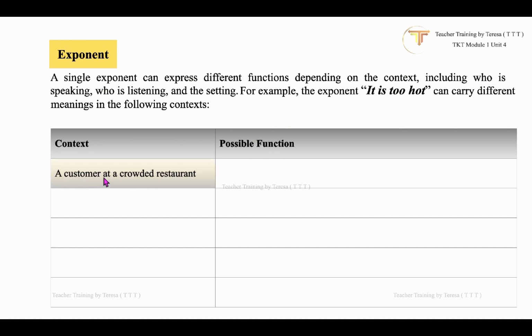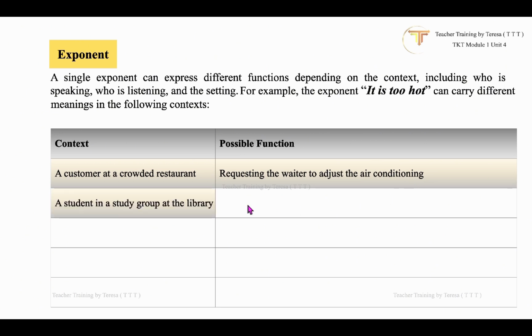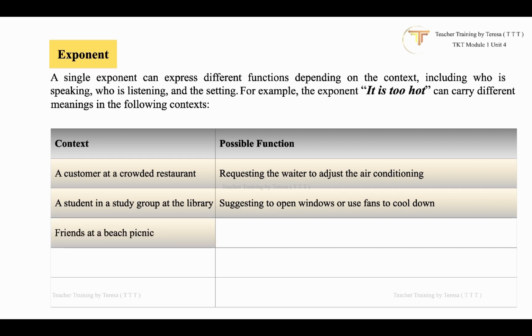A customer at a crowded restaurant: requesting the waiter to adjust the air conditioning. A student in a study group at the library: suggesting to open windows or use fans to cool down. Friends at a beach picnic: describing the intense heat during the sunny beach day.